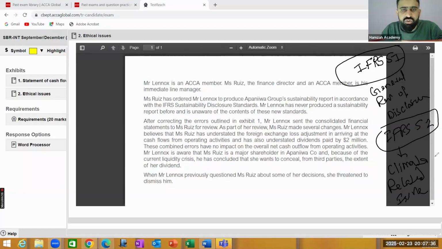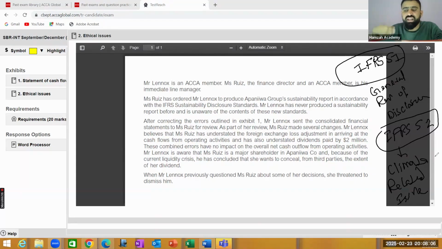Standard 1, as you know, relates to the general requirements for disclosure of sustainability related information to the financial statement, and S2 relates to climate change, climate related issues. Now, if Mr. Linonix has that knowledge, then obviously he should go with the requirements and produce the report on sustainability. But what if Mr. Linonix does not have that knowledge?